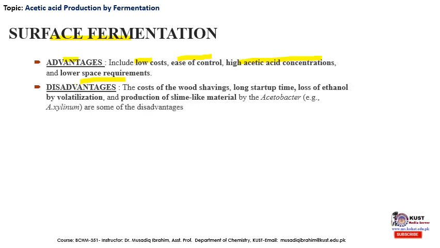The disadvantages are the cost of the wood shavings, which is very expensive, long startup time, loss of ethanol by volatilization, and production of slime-like material by the Acetobacter, for example Acetobacter xylinum, in the surface fermentation process for the production of acetic acid.